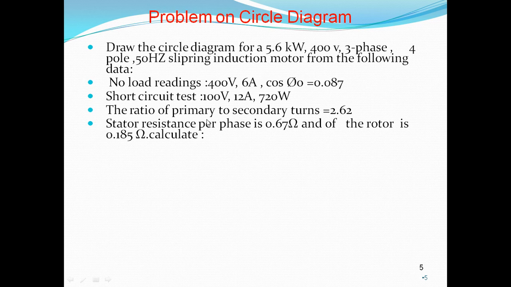The ratio of primary to secondary turns is 2.62, stator resistance per phase is 0.67 ohms, and rotor resistance is 0.185 ohms.